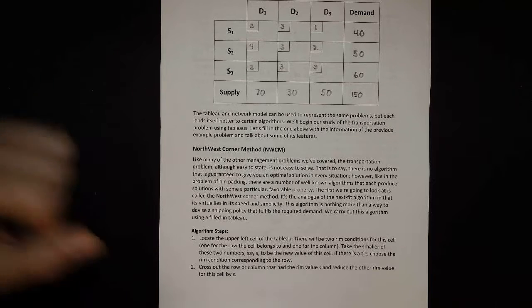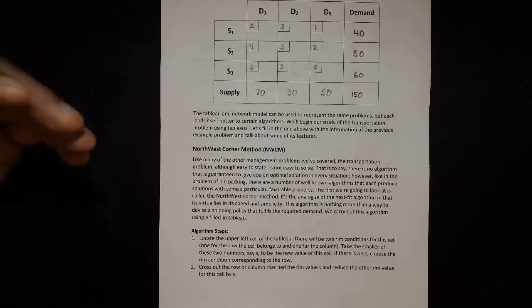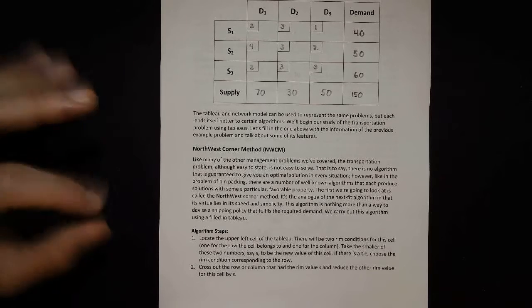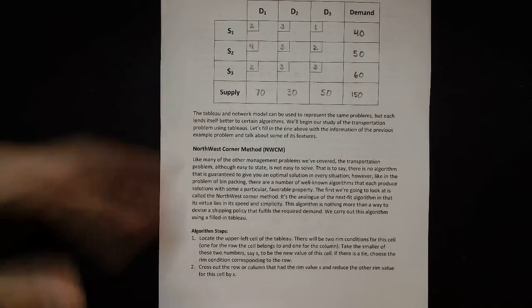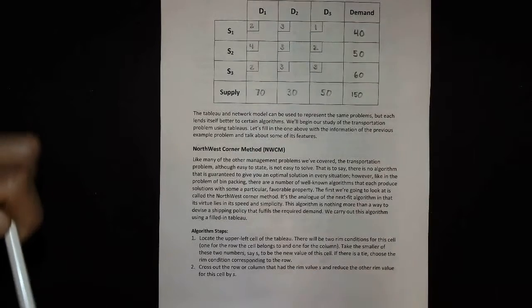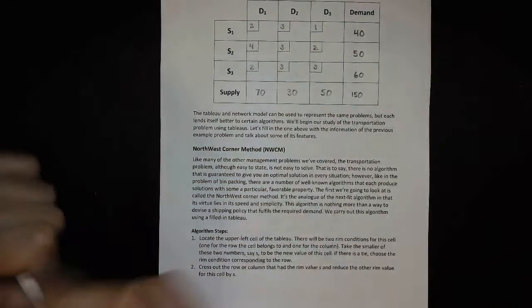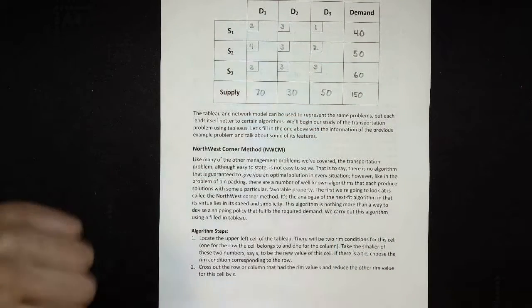for the transportation problem. So I'd liken this to the next fit algorithm in that its virtue lies in its speed and simplicity. This algorithm is nothing more than a way to devise a shipping policy that fulfills the required demand. Recall that a shipping policy is an assignment of the number of units that each distribution center is to send to each store, or each source location, if you will, is to send to each destination location.